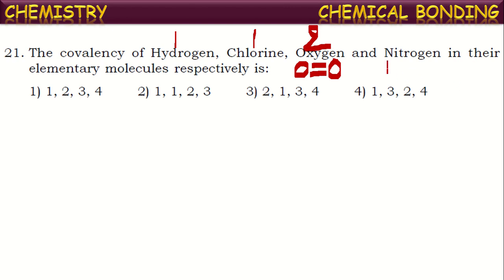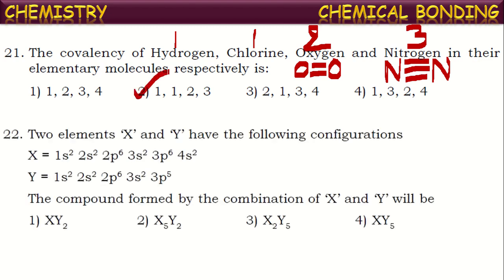And in case of the nitrogen molecule, both the nitrogen atoms share three pairs of electrons with each other. So here the covalency is considered as 3. Now see, respectively 1, 1, 2, 3. Here it is. This is the correct answer.